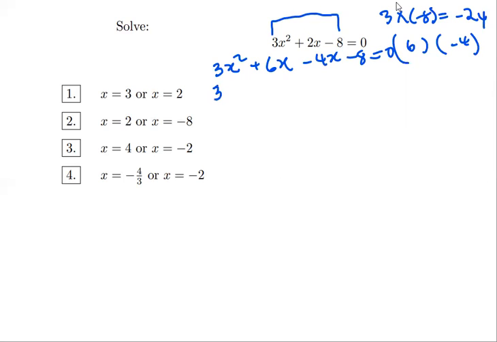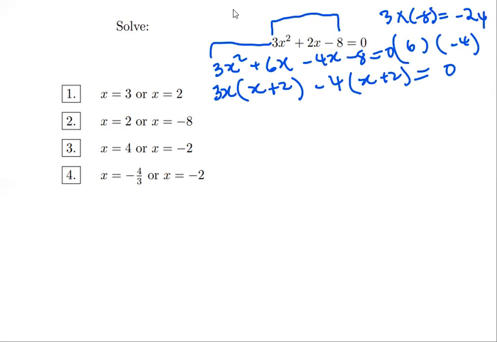We can pull out a 3x from these first two terms, and we get an x plus 2. And if we pull out a -4 from this, we get an x plus 2 here, which is equal to 0. Then notice that these two terms are the same.